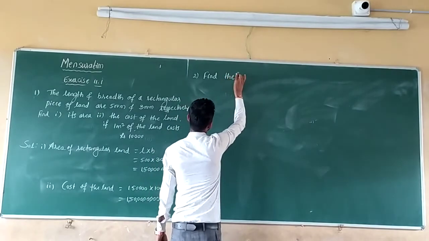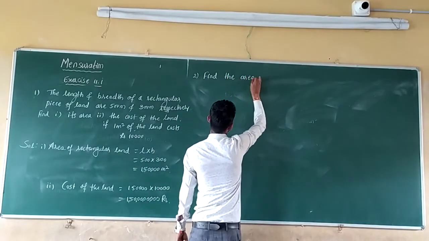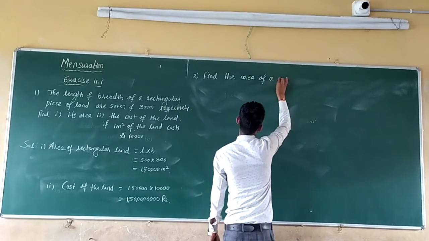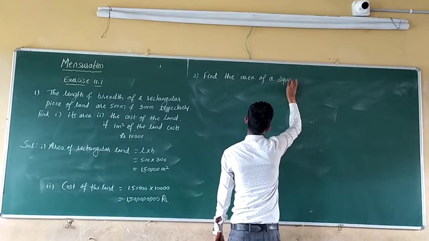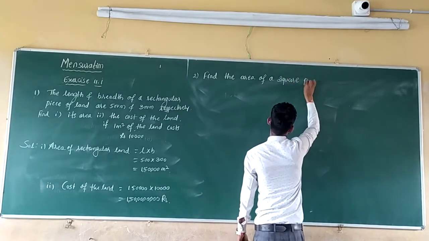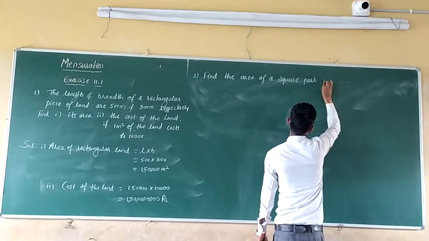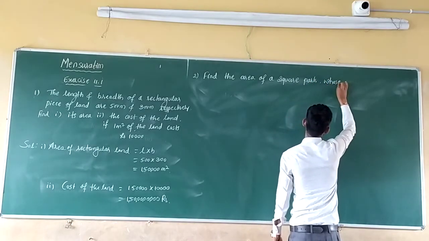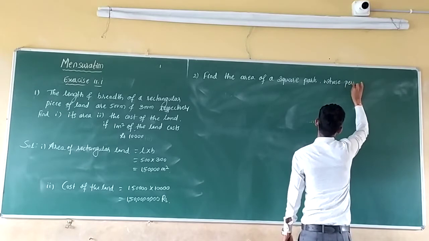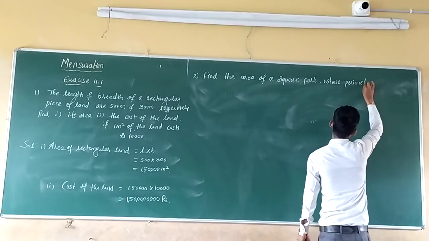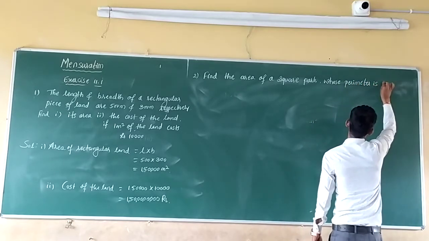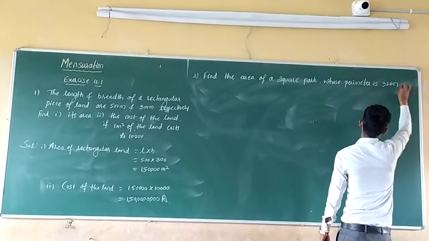Find the area of a square plot whose perimeter is 320 meter.